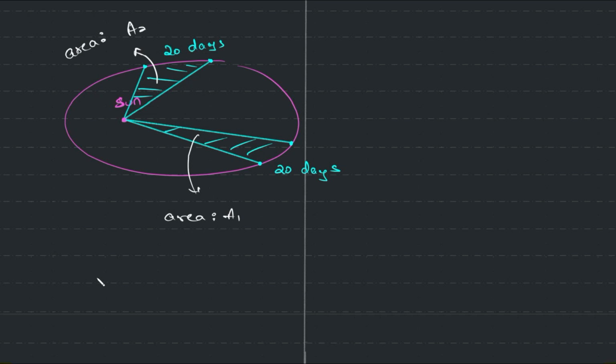So these two areas are equal, as simple as that. So how did we get this area? All we did is we took the starting day, and after 20 days, where the planet is, connected a line from the planet to one of the foci, to the sun. It is at the focus.